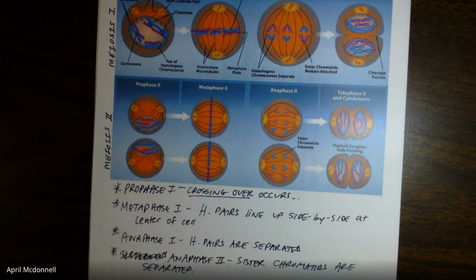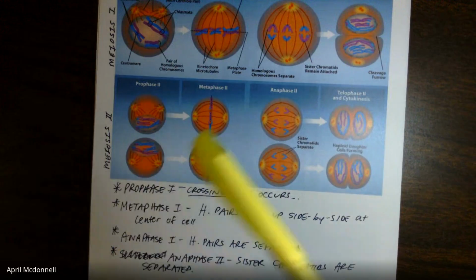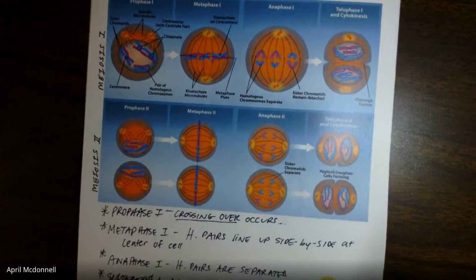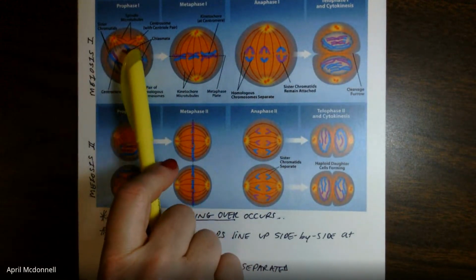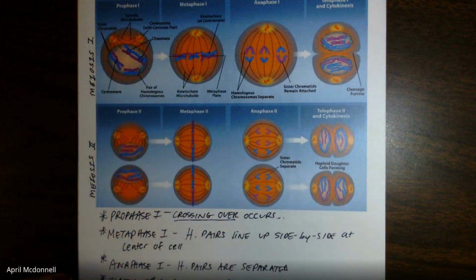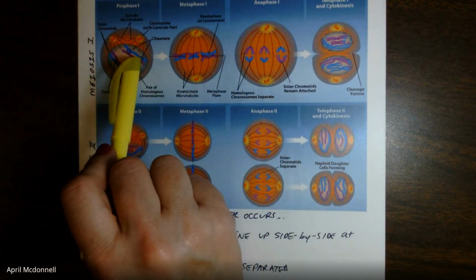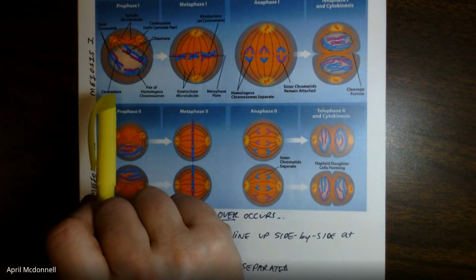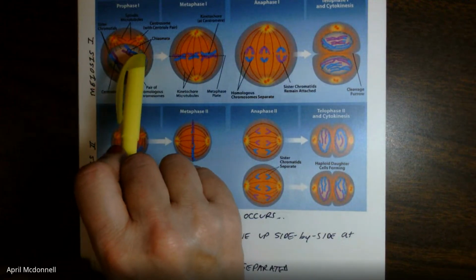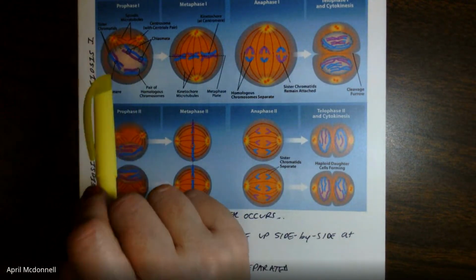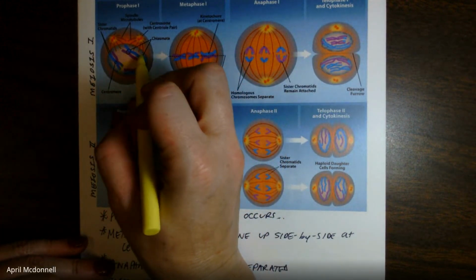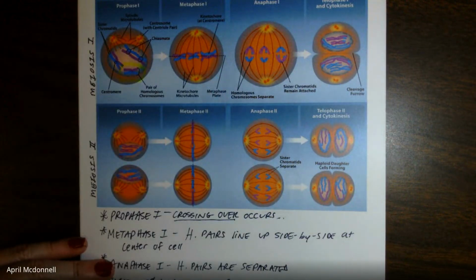So during prophase 1, homologous pairs of chromosomes get really close together and swap equal segments of DNA. Over here, a homologous pair of chromosomes is shown, and there are 3 homologous pairs in this picture.